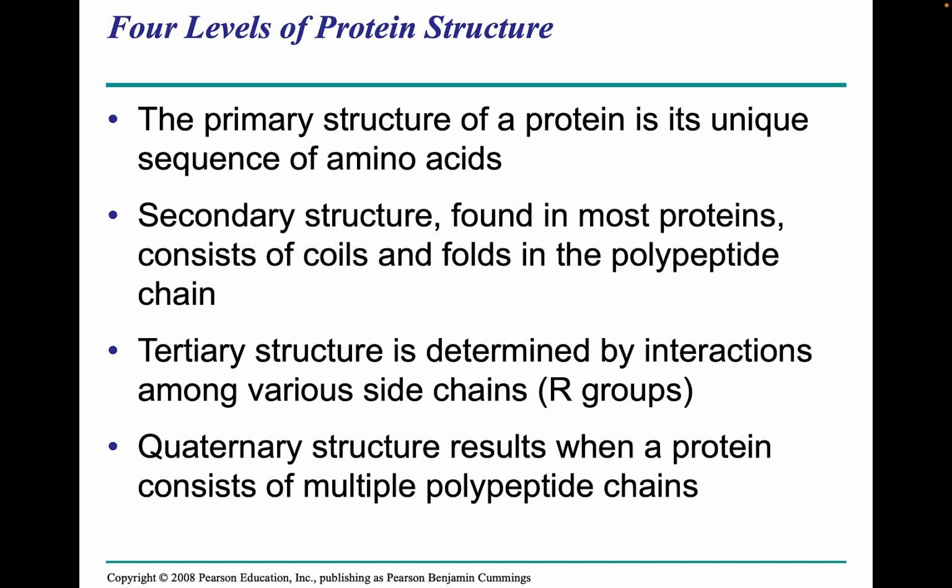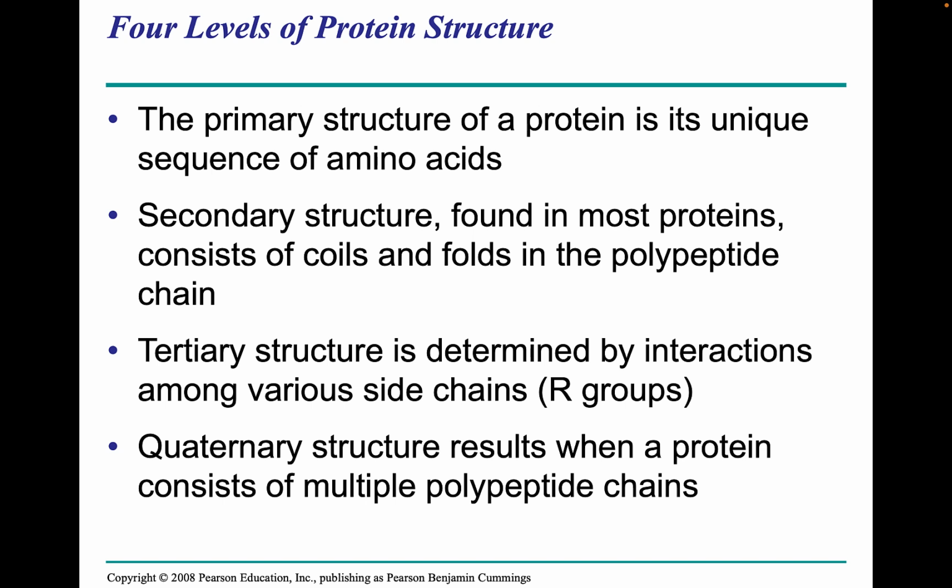And finally, there's the quaternary structure. This results when you've got multiple polypeptide chains interacting with each other. We talked about hemoglobin, and hemoglobin consists of 4 different chains that interact with each other. So the quaternary structure is the 4 different chains that come together to form that one hemoglobin structure.